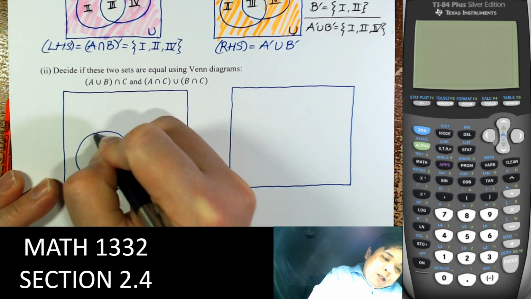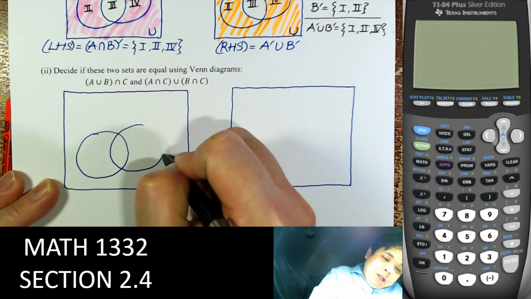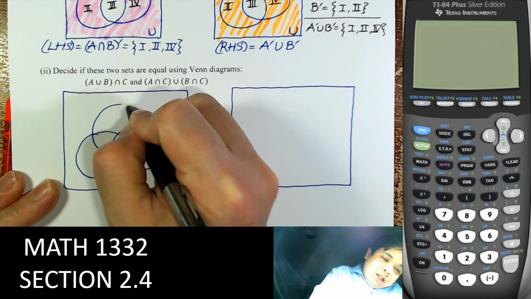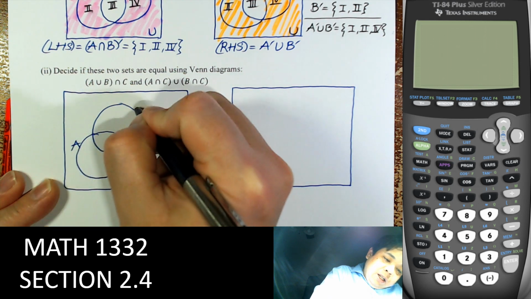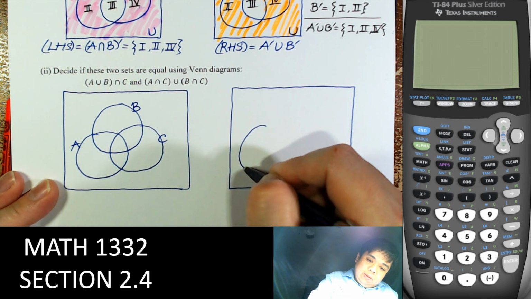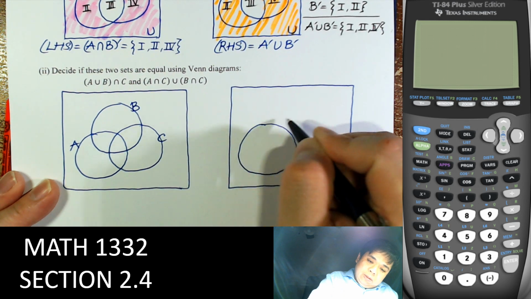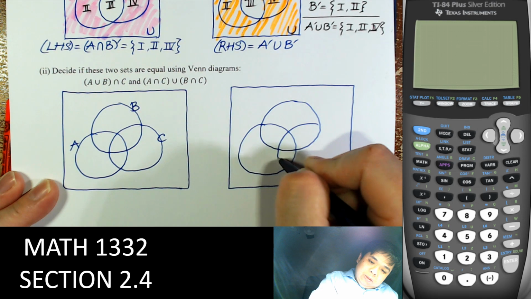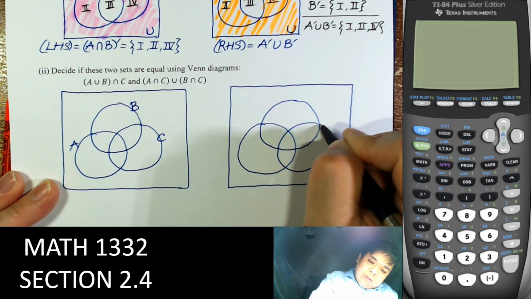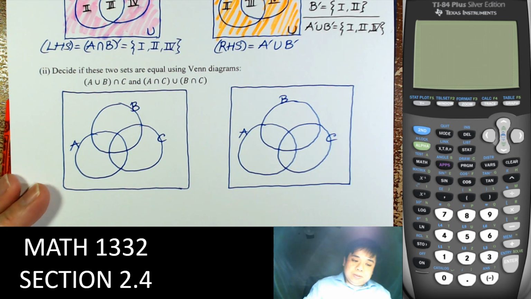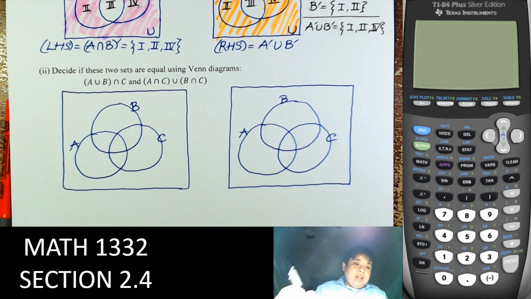A, B, okay, 3 sets like that. Set A, B, and C. Now designate the regions.